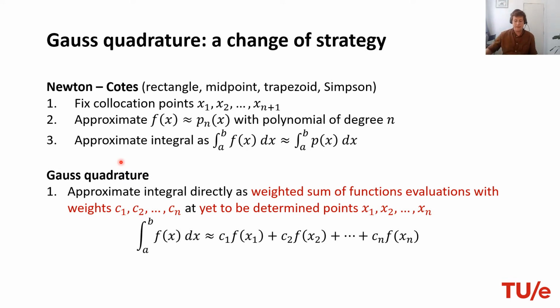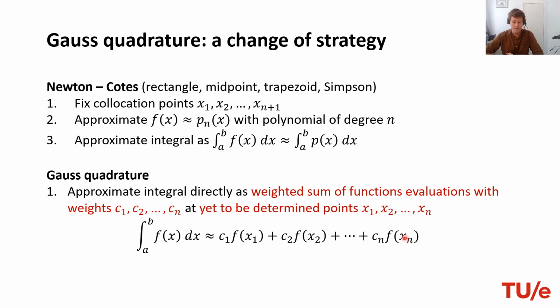The main difference is that for Newton-Cotes methods, we fix these collocation points on equidistant intervals, whereas here we allow these points where we evaluate f to be free. And they will be part of the whole construction algorithm that we will use in order to attain an accuracy that is as high as possible.